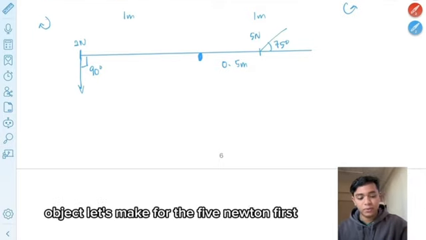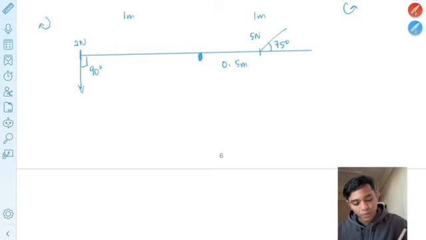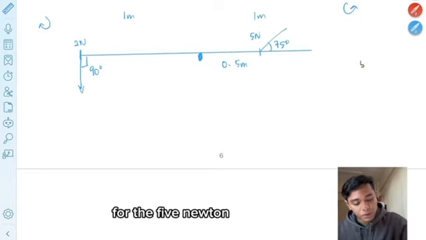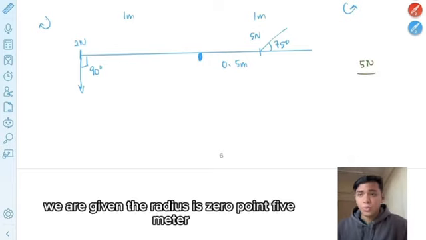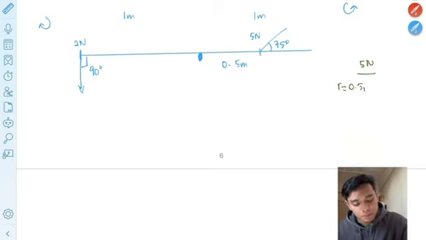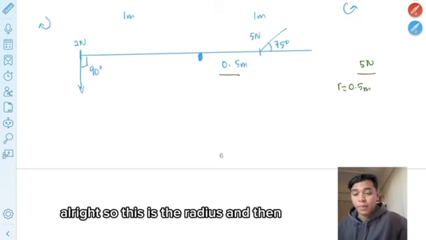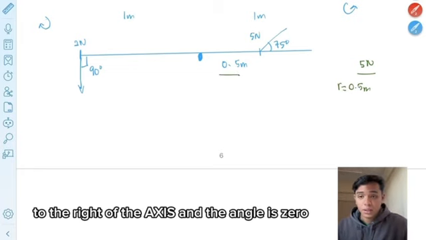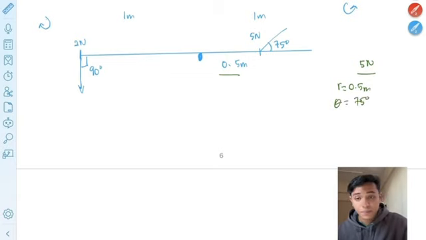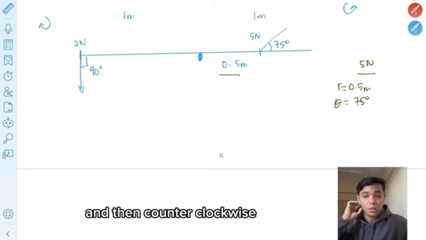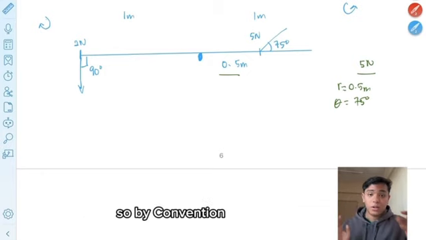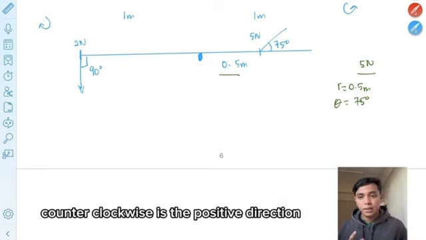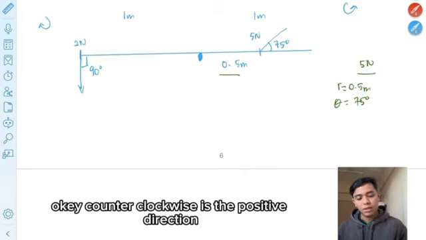For the 5 newton force, we are given the radius is 0.5 meter, to the right of the axis, and the angle is 75 degrees. And then it is counterclockwise. By convention, counterclockwise is the positive direction.